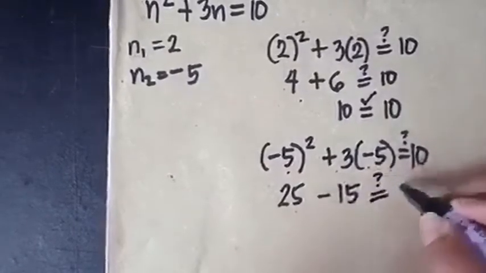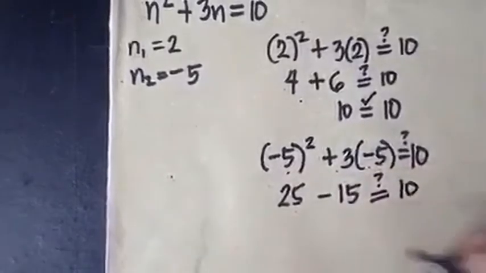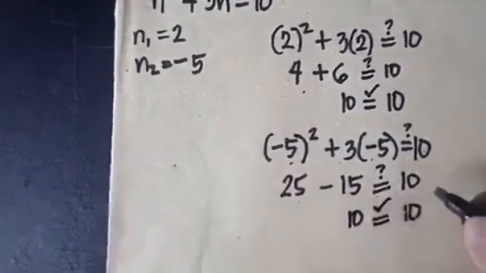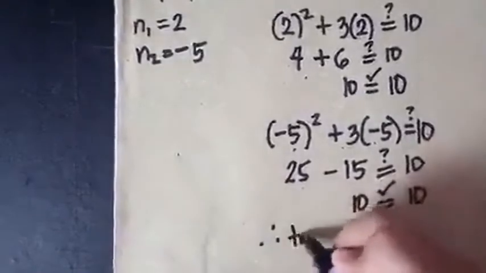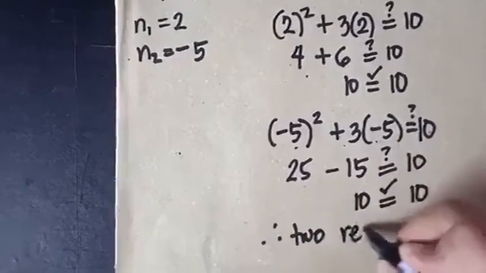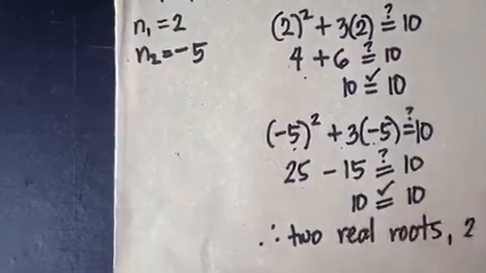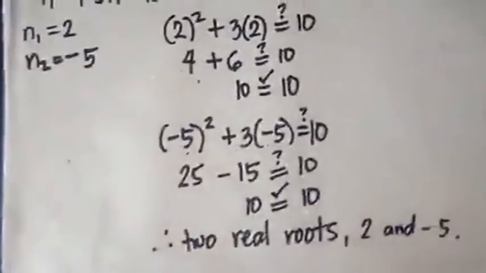So, is it equal to 10? So, 25 minus 15 is 10. So, that is equal to 10. So, therefore, we can say that we have two real roots. We have 2 and negative 5. Okay?